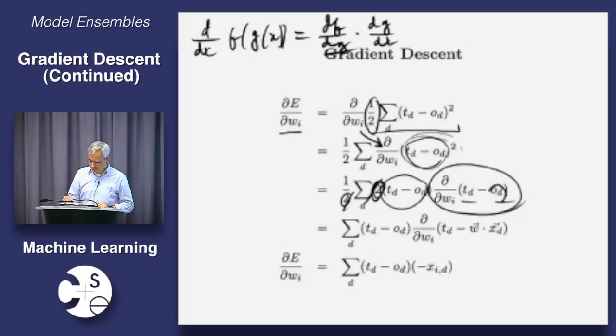Let's replace OD, which is the output of the perceptron on the dth example, by its expression. Everybody with me so far? The expression of OD, remember, in a very compact form is just the dot product of the weight vector and the input vector. So all that we did from here to here was replace OD by the dot product of the weight vector and XD. XD itself being a vector of some number of components.